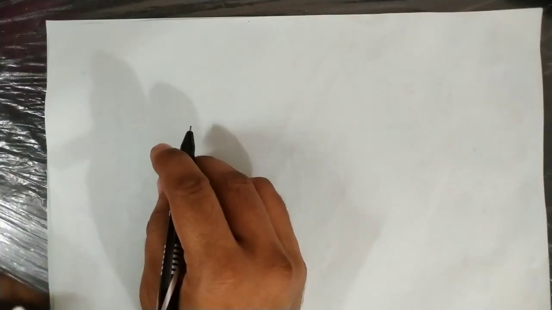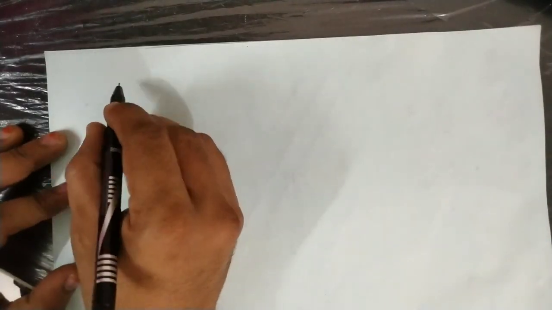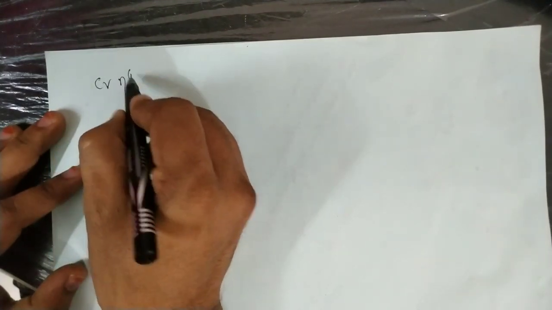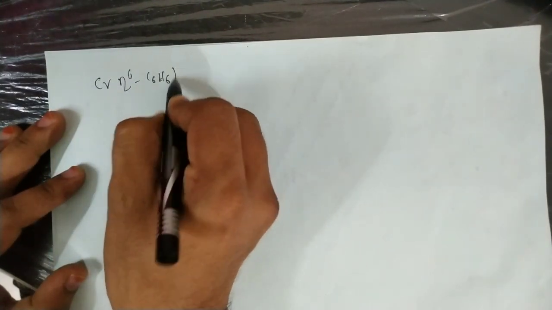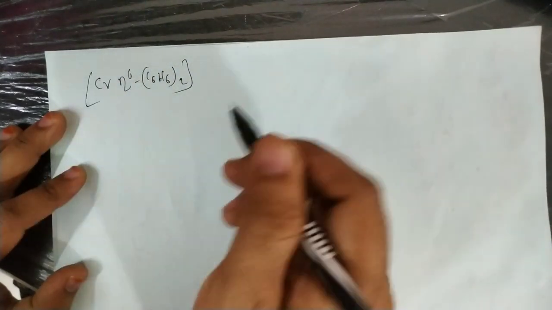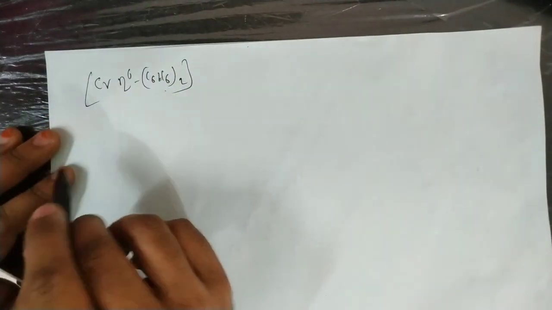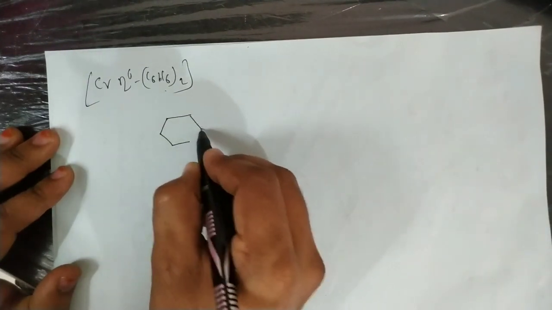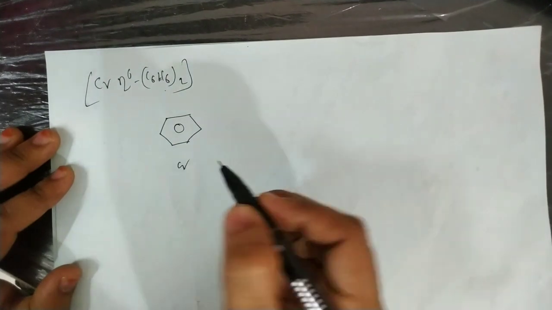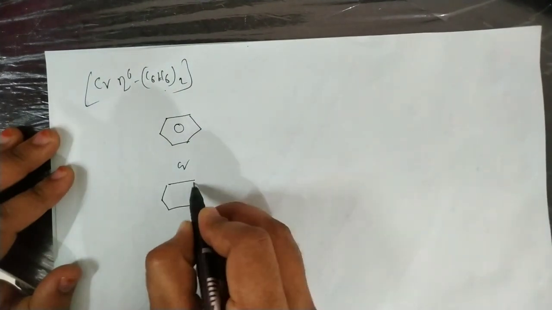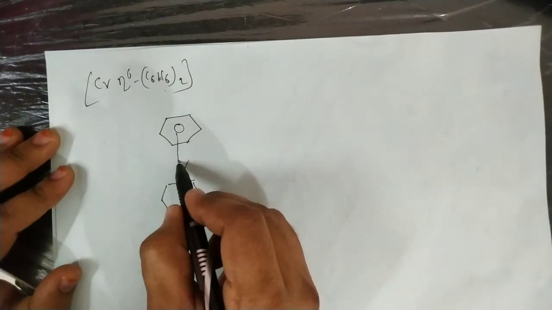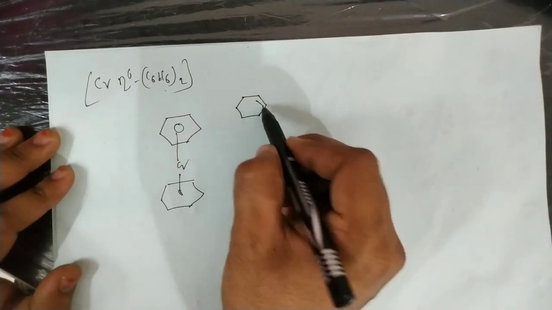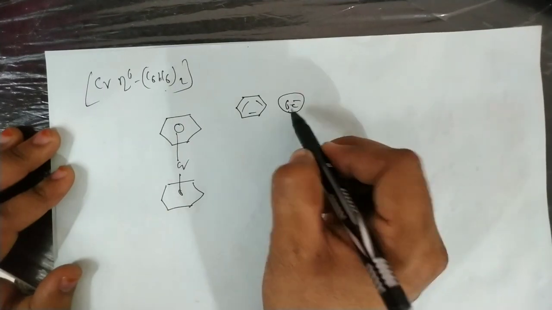Next, calculate the effective atomic number of dibenzene chromium, that means Cr eta 6 C6H6 twice. It is dibenzene chromium. In this case 2 benzene rings are acting as donors, and each carbon is involved in bonding. Generally benzene has 6 electrons, so it is a 6 electron donor.